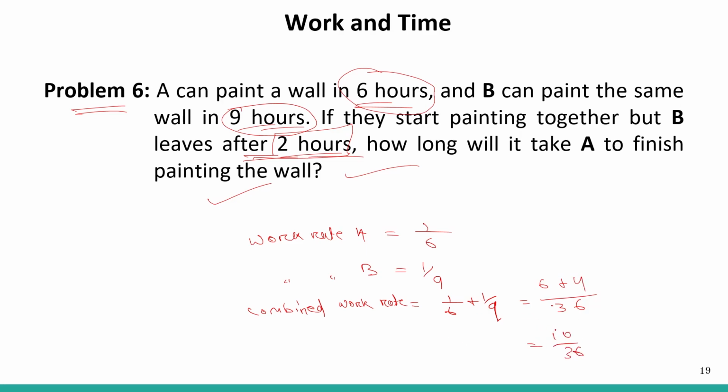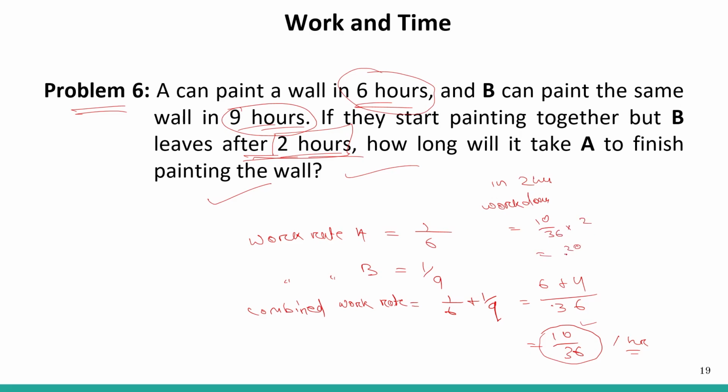Since the combined work rate is 10 by 36, let's figure out how much work is actually done in 2 hours. This much of work is done in an hour. So in 2 hours, work done is equal to 10 by 36 into 2, right?